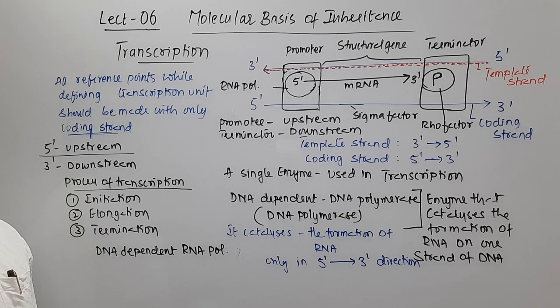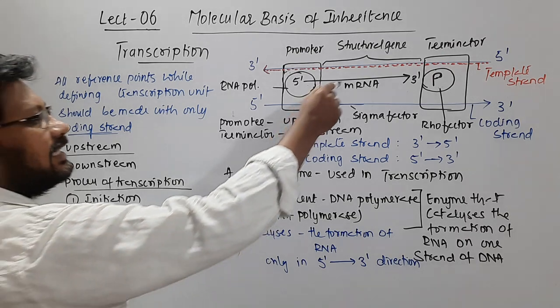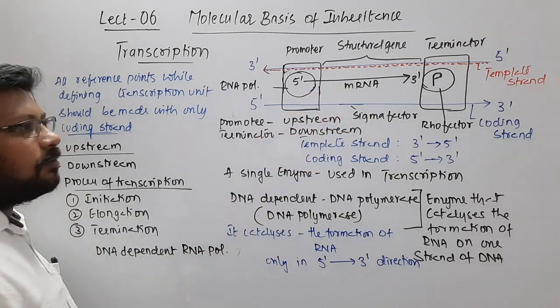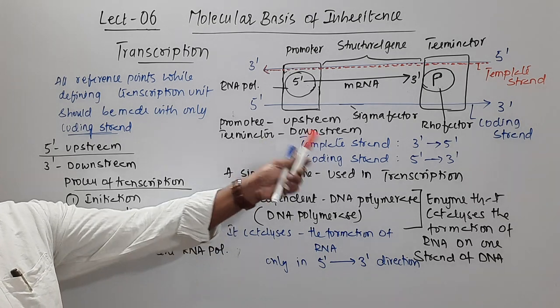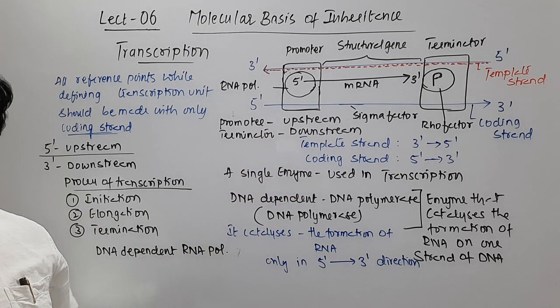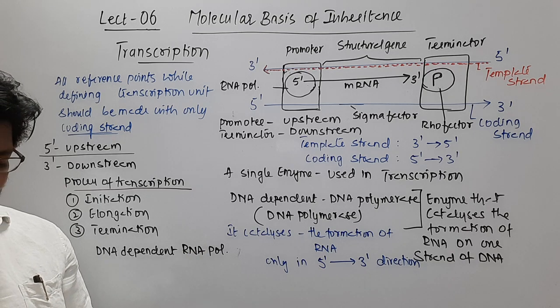Once this is finished, the hydrogen bonds will form back. In the beginning they all break down, and later once this transcription is completed, all those hydrogen bonds between the template strand and coding strand will form back, right? So whenever there is a need for this gene to get transcribed, the two strands need to get separated.